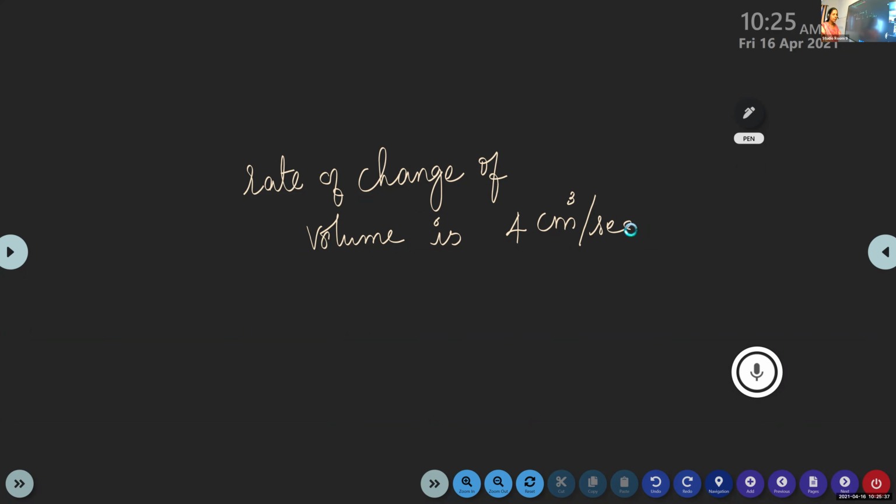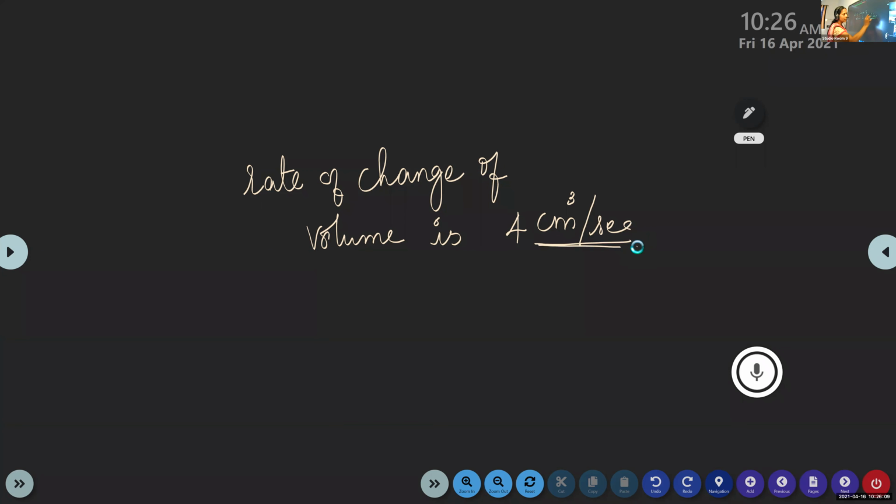So what does it mean? dV by dt. Yes, very good. So volume is changing with respect to time. In the previous cases, we wrote simply radius, 5 centimeter, 3 centimeter and so on. But here, look at the unit.